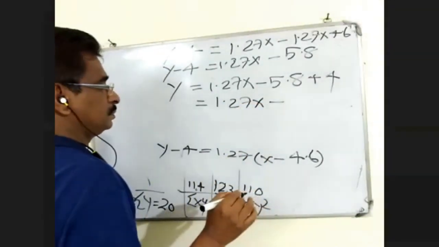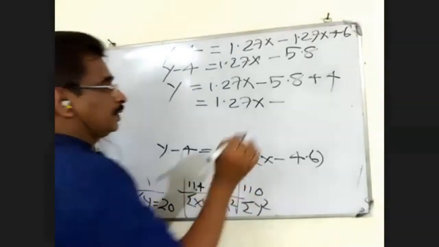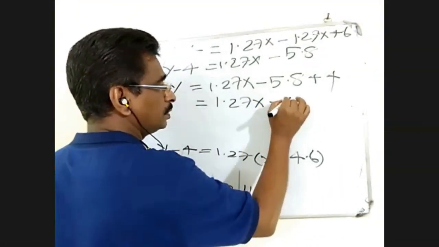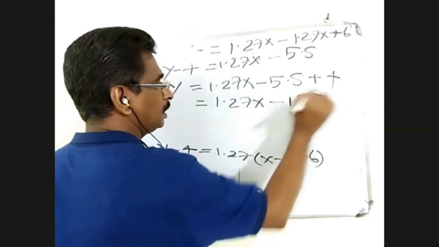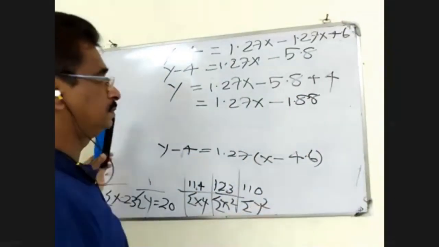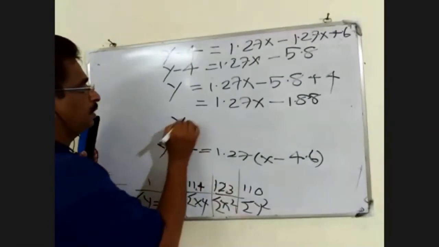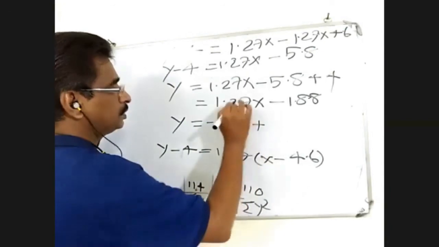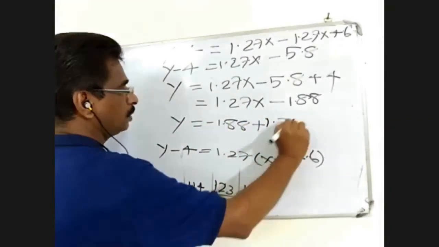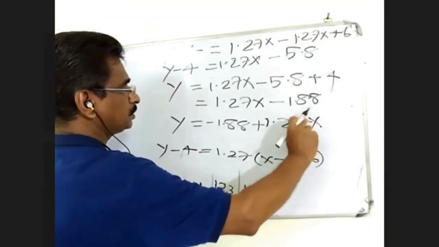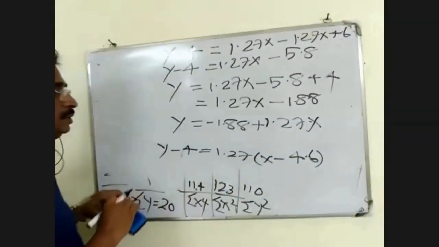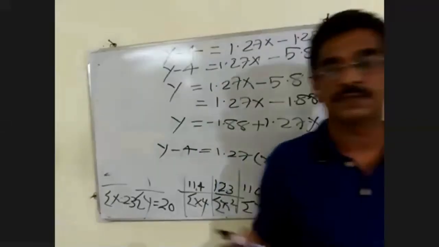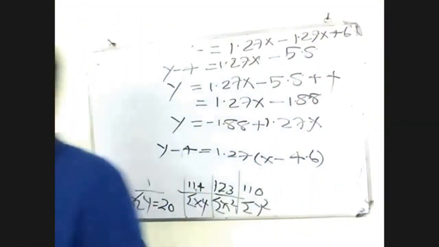Yes, 1.88. Am I correct? Therefore, y is equal to minus 1.88 plus 1.27x, in a plus bx form. This is the regression equation of y on x.